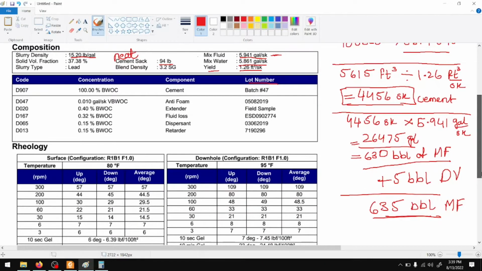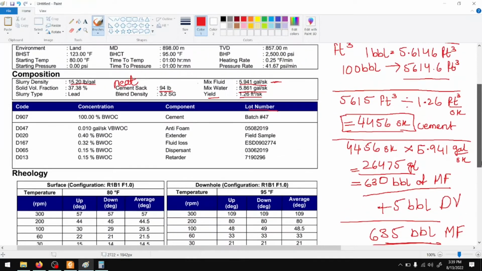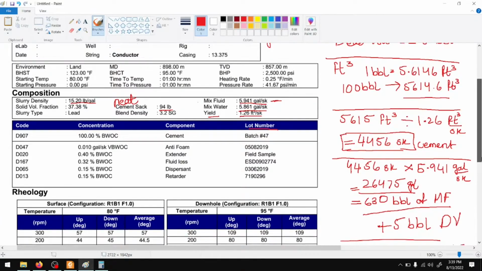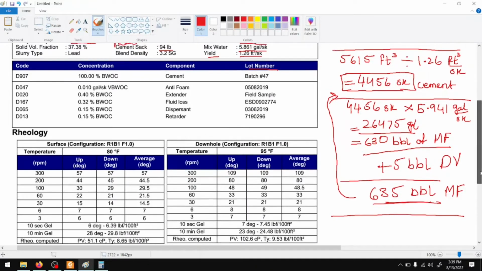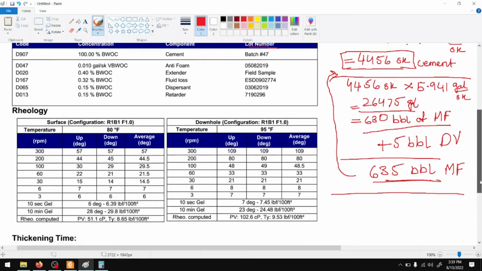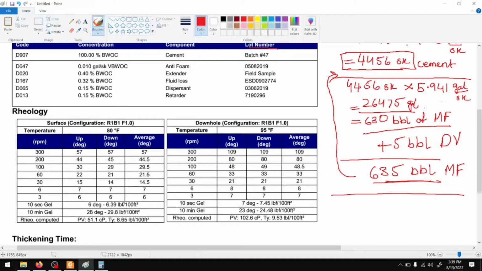Okay, if we have 635 barrels of mixed fluid, how many sacks of cement are required? Well, we need to work our way back up to this point. So simply go back with your calculations. When you multiply your sacks of cement with your mixed fluid concentrations, you get your mixed fluid in gallons.